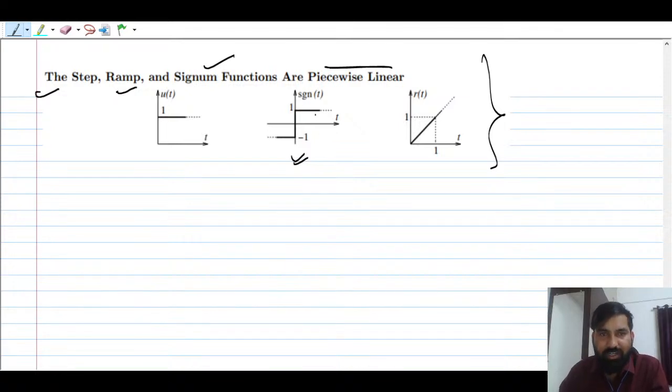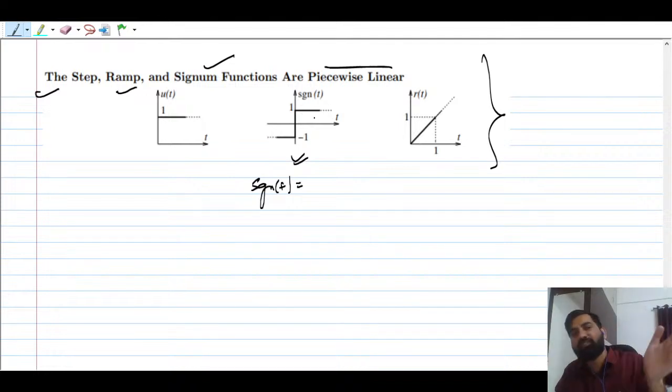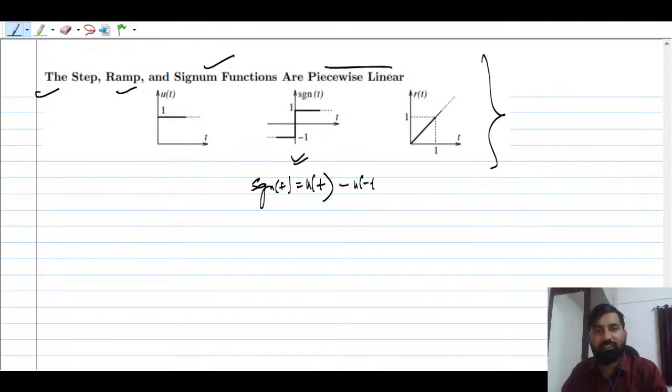Now the signum function can also be written like this. It is defined for positive time t, so you can say this is u of t, and this is minus u of minus t. If you take u of t and fold it, and then subtract it, you will get this.